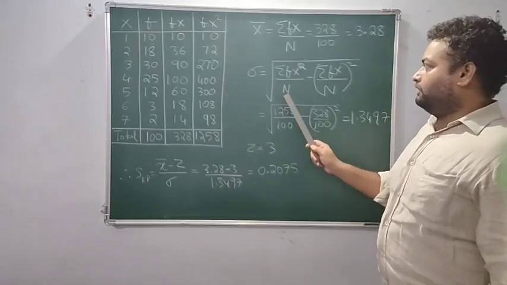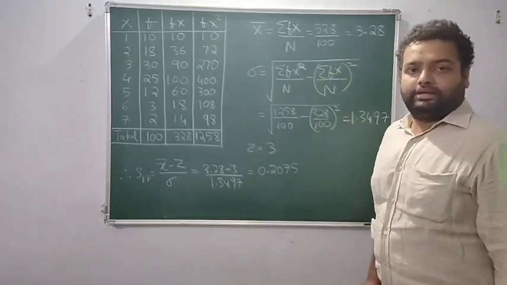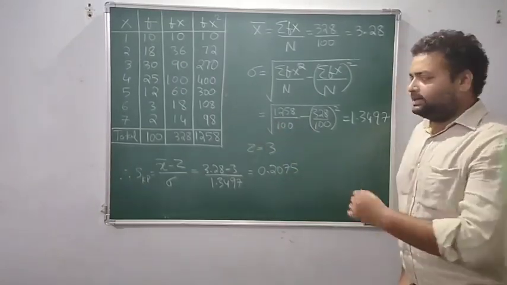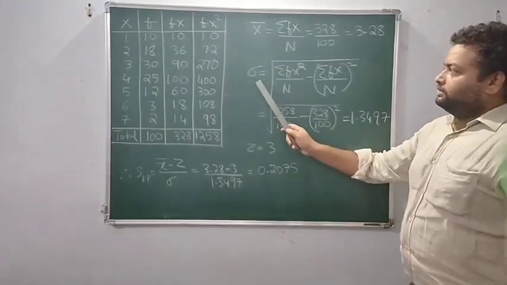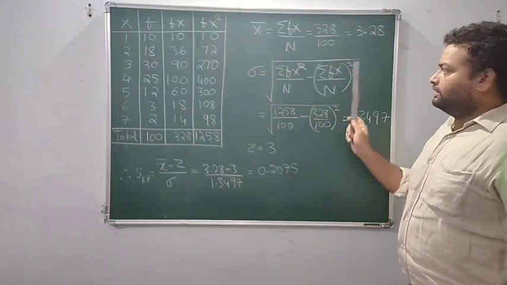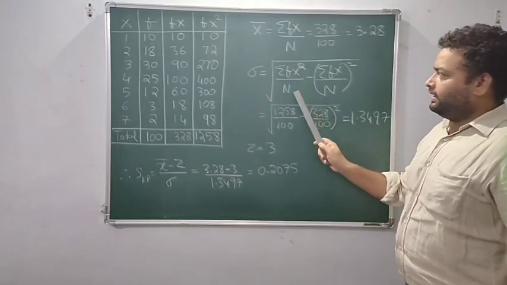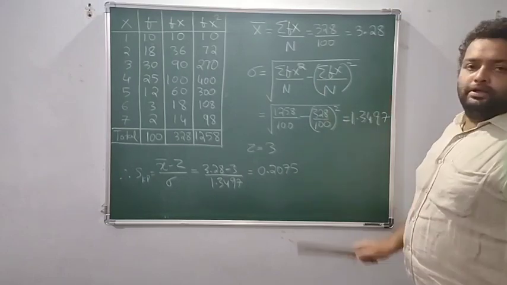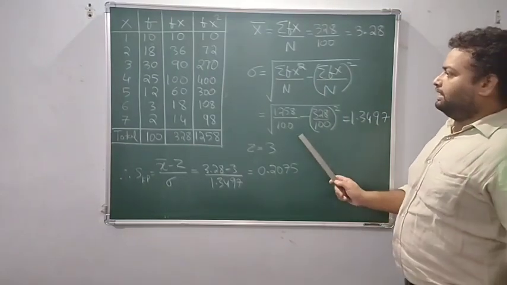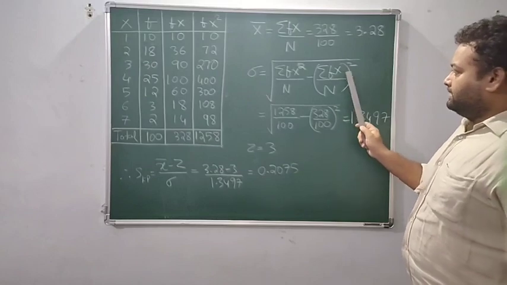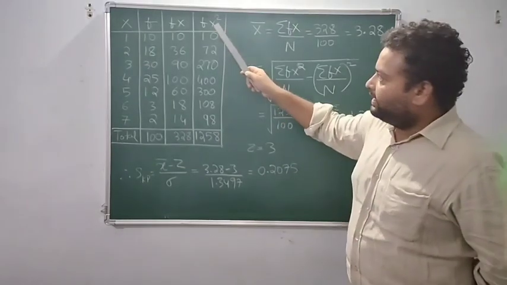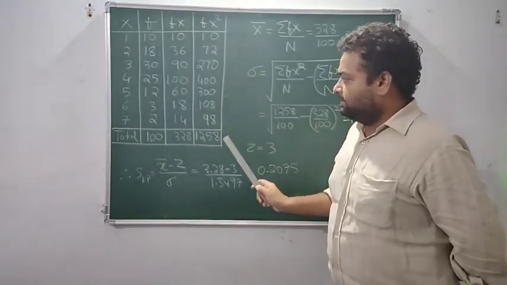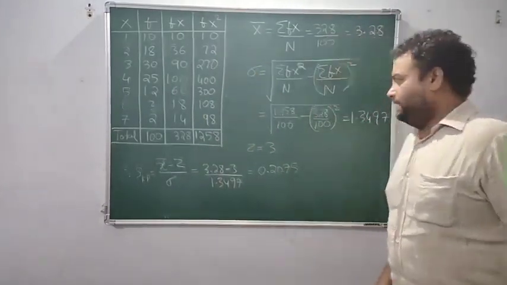Similarly, we go for the standard deviation formula. There are three formulae here. We can choose any one of them. For more convenience here, I have chosen this formula. So sigma is equal to root of summation of f into x square divided by n minus summation of fx by n whole square. So substituting the values of fx and n here, we find another column, f into x square, and the total is 1258.